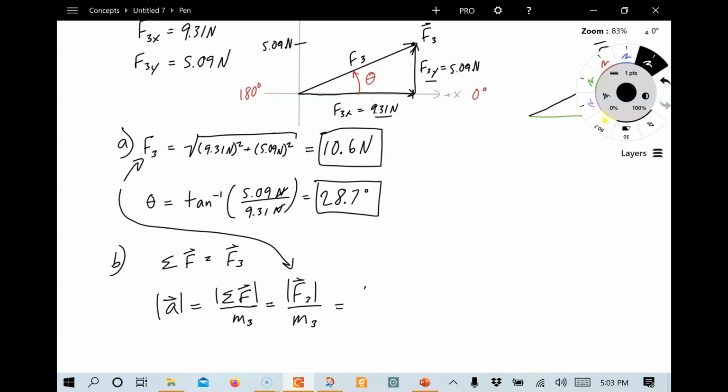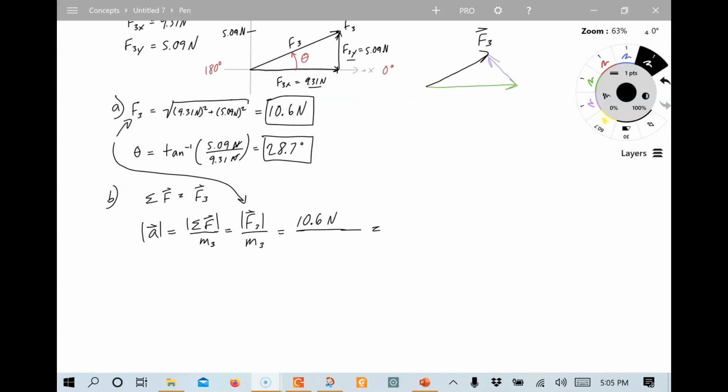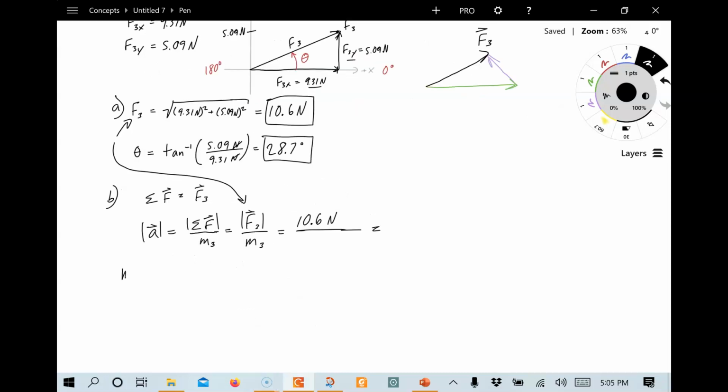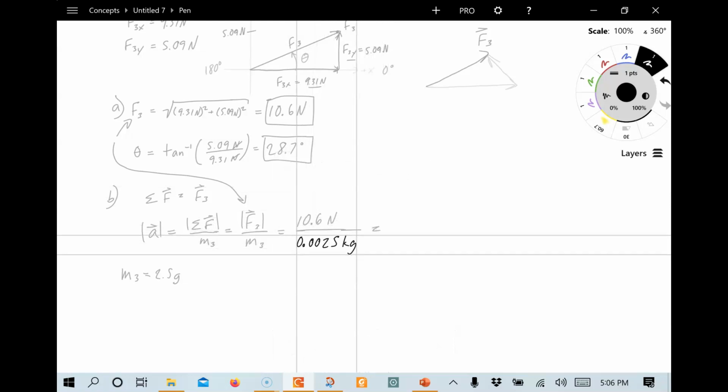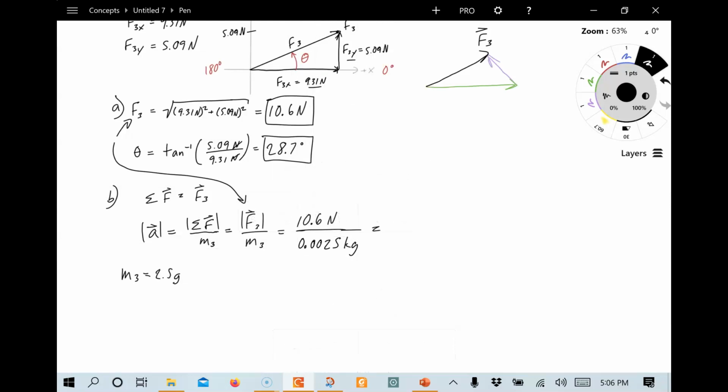So we know that this is 10.6 newtons. And I just looked up at the top that the mass of charge 3 is 2.5 grams. That's the inertia resisting acceleration, right? But we actually need to go ahead and convert that to kilograms, so we move the decimal place over by 3 to make it smaller. That's the SI unit. And when we calculate that, we come up with 4,240.